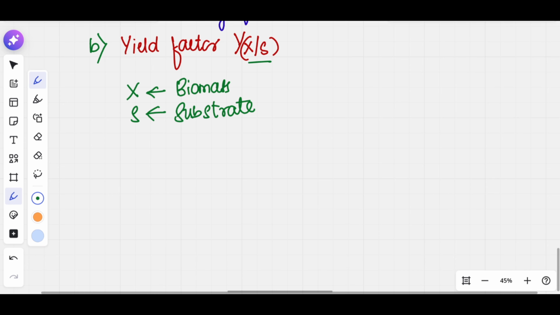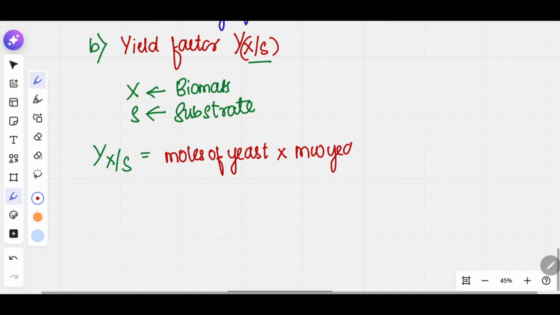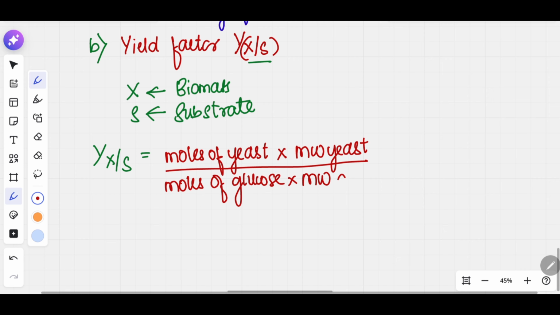We use the formula Y of X bar S is equal to moles of yeast into the molecular weight of yeast, divided by moles of glucose, because glucose is the substrate, into the molecular weight of glucose.